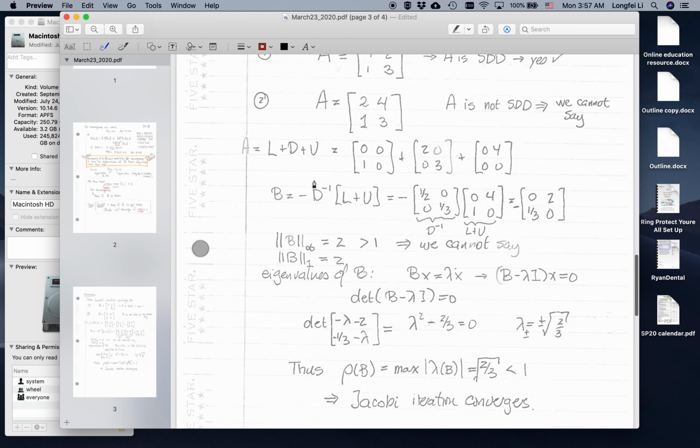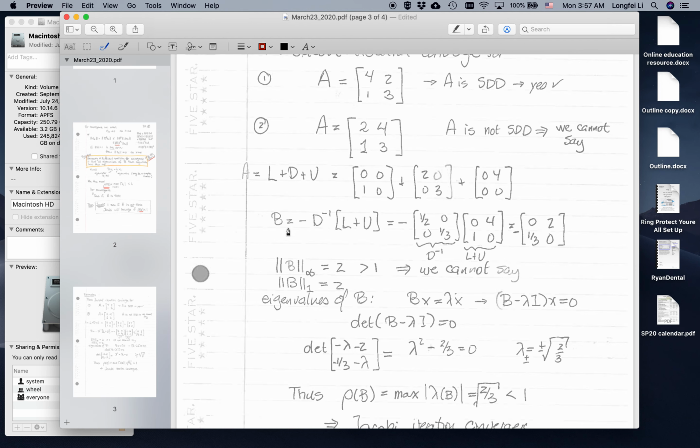Okay, so now let's look at the spectral radius of this B matrix to see if that's true. We'll decompose A into L plus D plus U: the lower part, diagonal part, and upper triangular part. And B, we know, is negative D inverse times L plus U, and we can easily compute that since this is a 2 by 2 matrix.